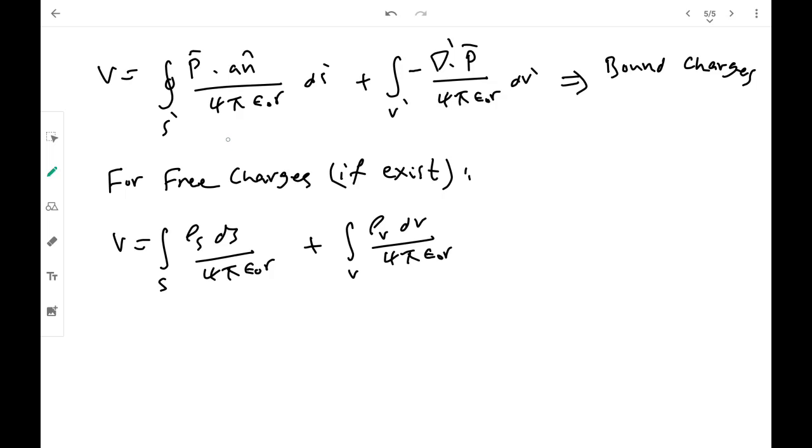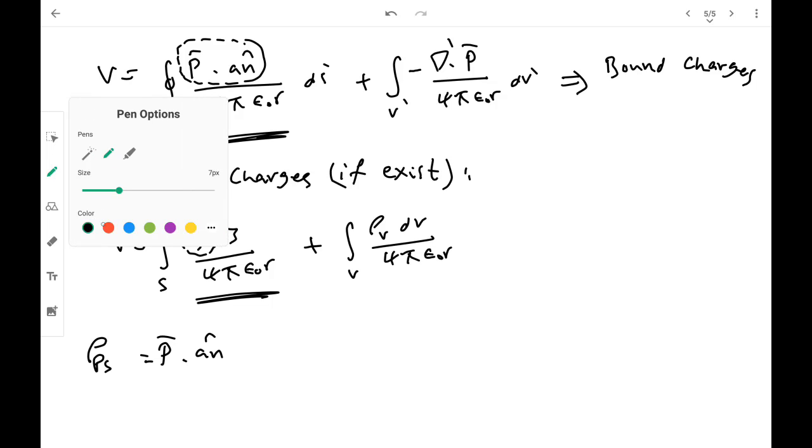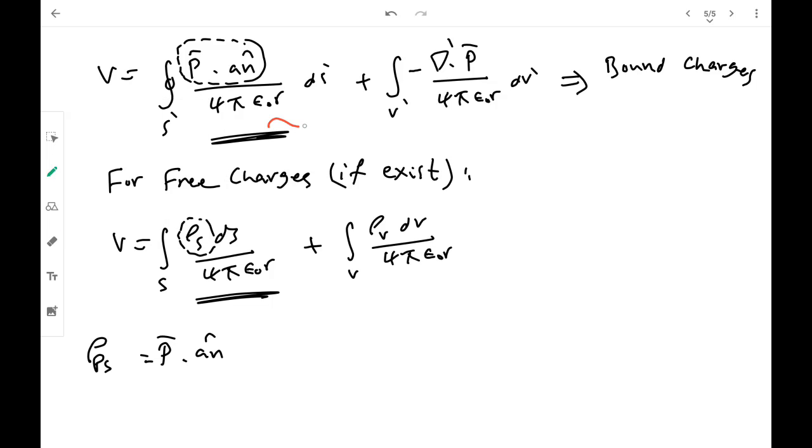Now if we compare this term with this term by duality, we will see that P dot A normal is equivalent to rho s, but we need to replace rho s by rho ps, since this part here is responsible for the bound charges on the surface.